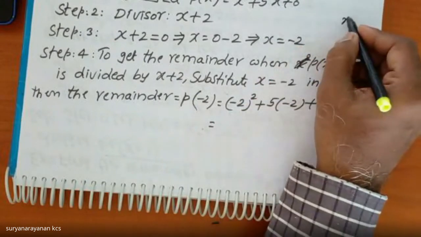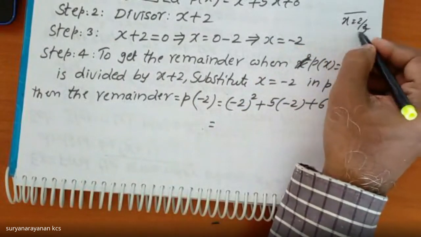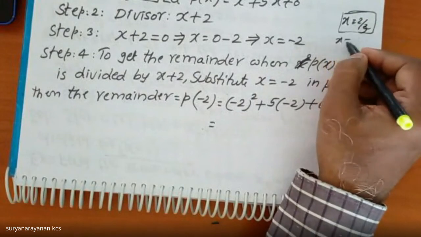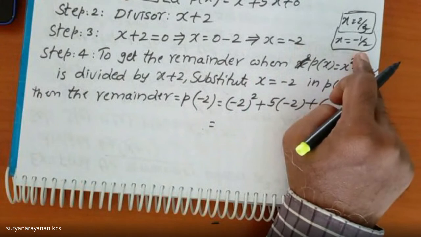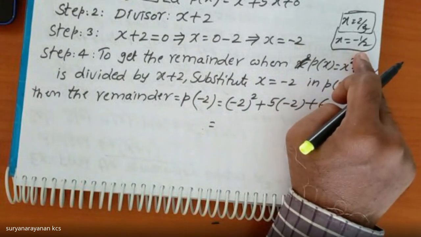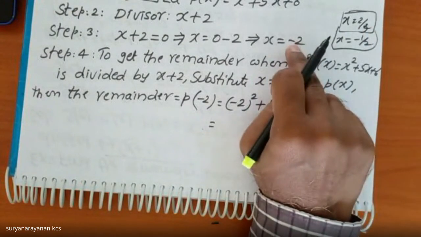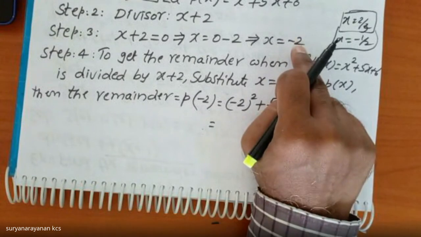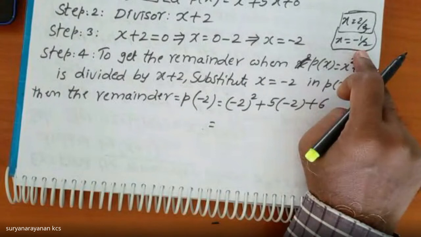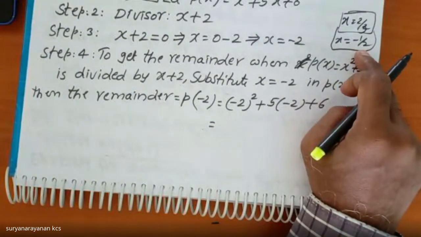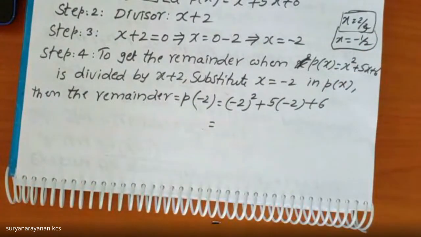Like 2 by 3, x is equal to 2 by 3. Like this we can get, or x is equal to minus 1 by 2. Like this also you can get. It may be a positive integer, a negative integer, a positive rational number, or a negative rational number. Understood this point, my dear Mahima?